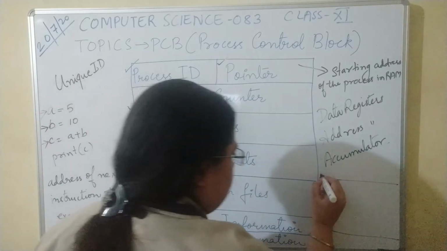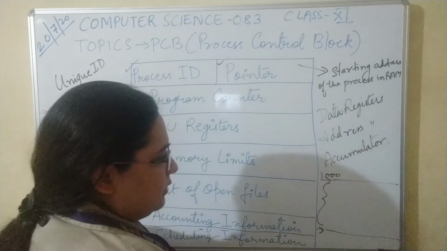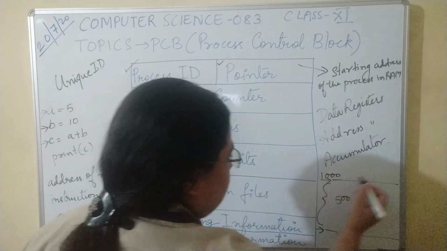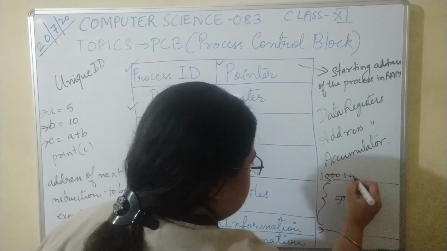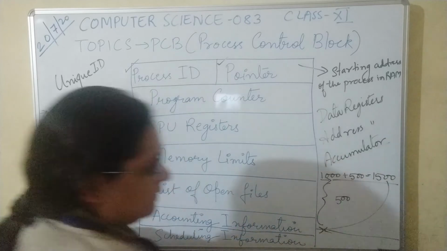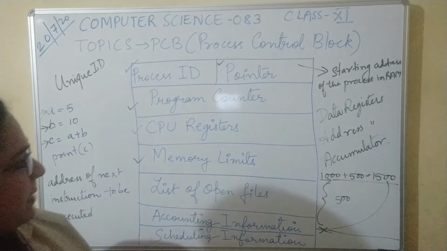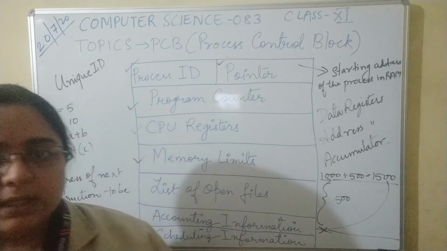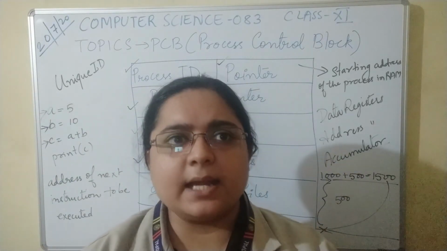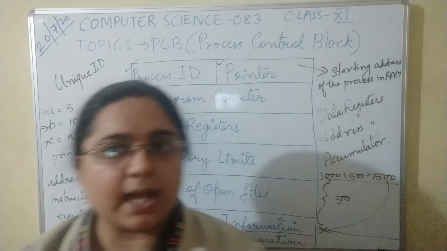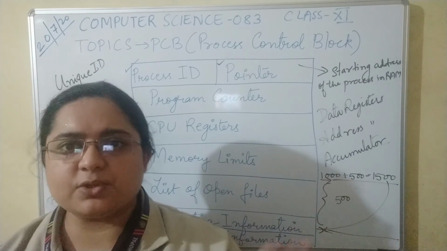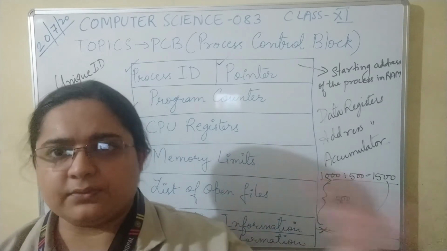For example, if the starting address is 1000 and the size of this program is 500 bytes, then 1000 plus 500 gives the ending address, which is 1500. So memory limits are used to define that a program stays in a well-defined memory region and one program doesn't overlap with another program. That is, in the memory, one program should not encroach into the areas of another program.